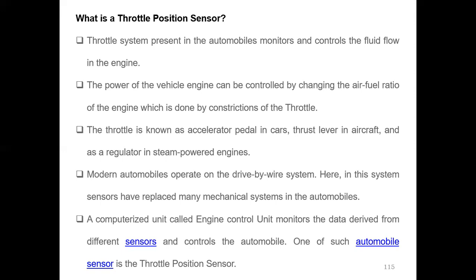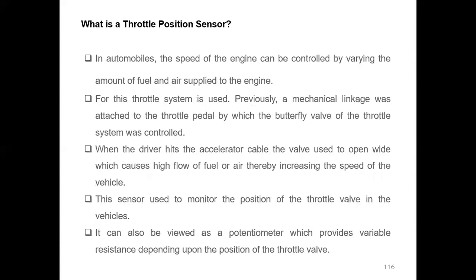It is done by the throttle. The throttle is known as the accelerator pedal in a car, the thrust lever in an aircraft, and a regulator in a steam powered engine. The computerized unit called the engine control unit monitors the data derived from different sensors and controls the automobile.